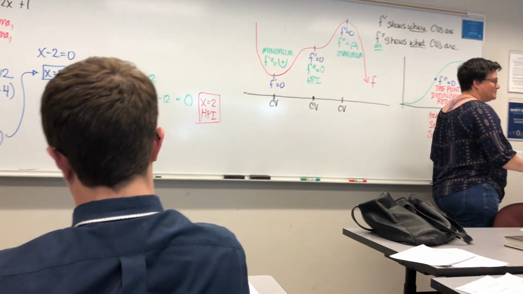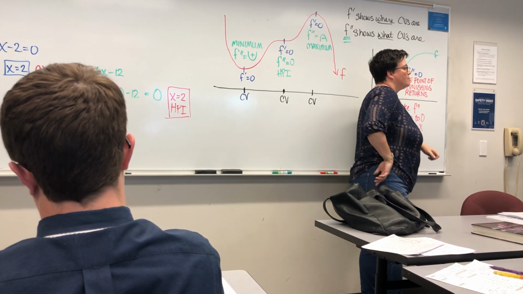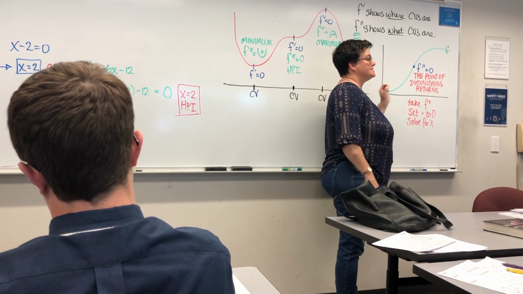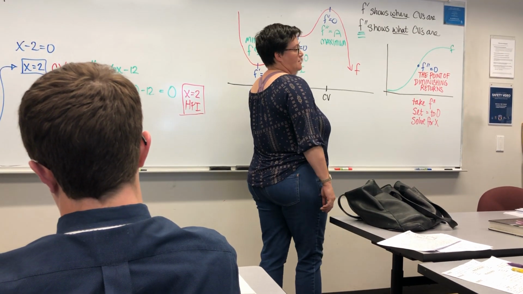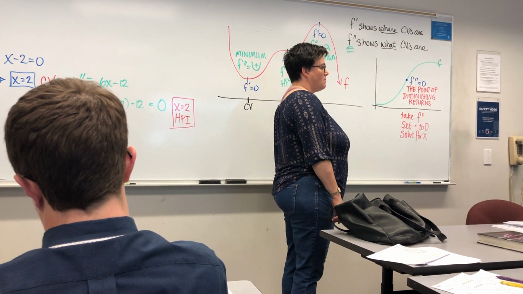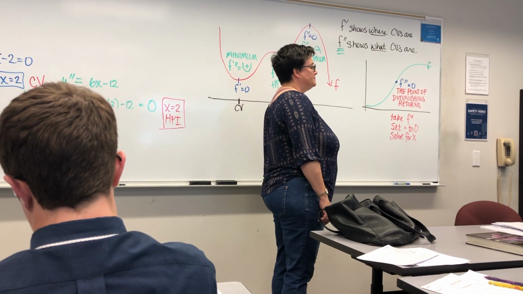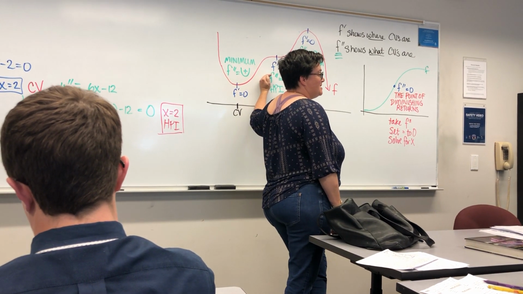What's the difference between the HPI and the point of diminishing returns? Is it just visual graphing? They're not the same because one has a non-zero slope and one has a 0 slope. If the slope is 0 and the concavity is 0, it's an HPI.